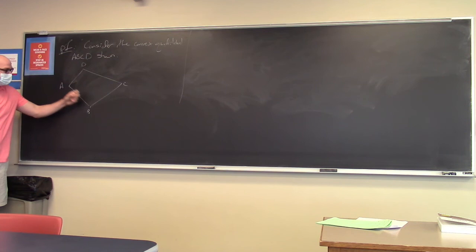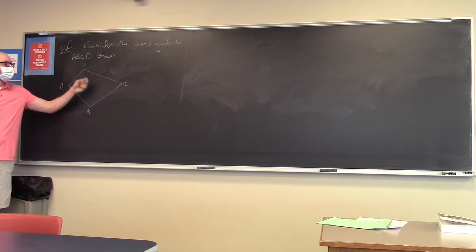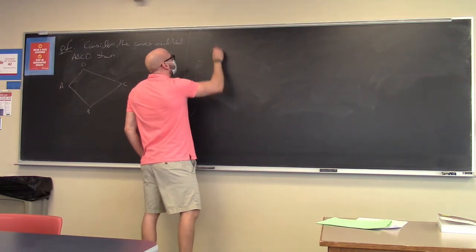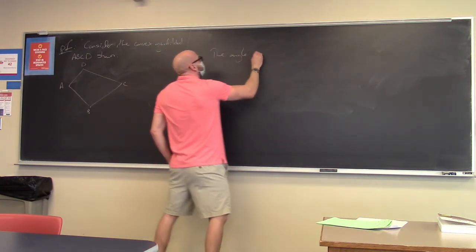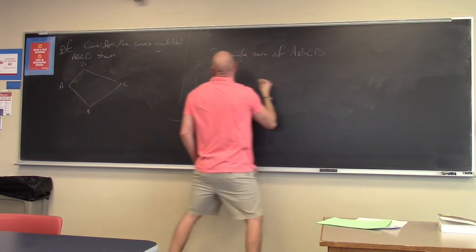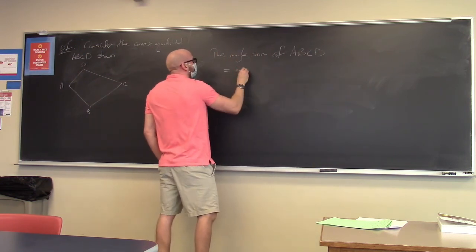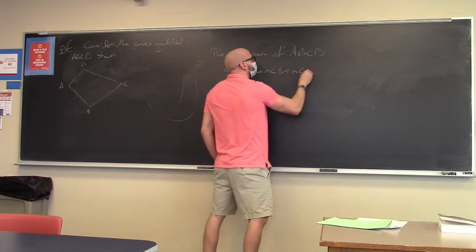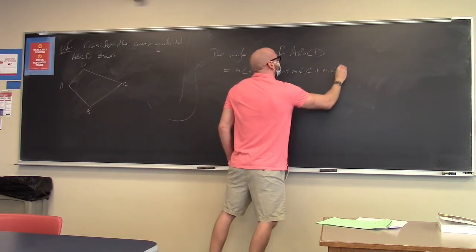Well, it's the angle sum of A plus B plus C plus D, right? So just add them all together. So the angle sum of A, B, C, D is equal to the measure of angle A plus the measure of angle B plus the measure of angle C plus the measure of angle D.